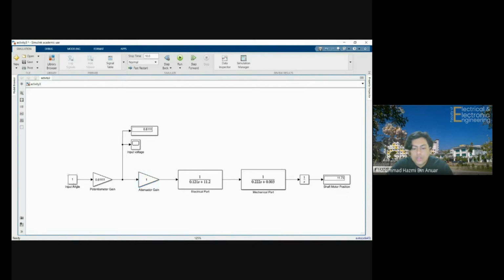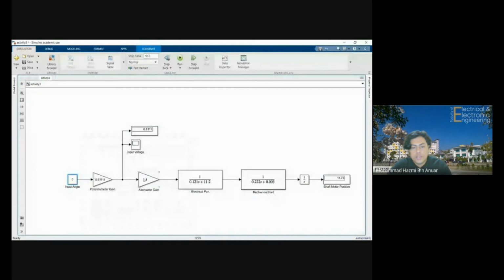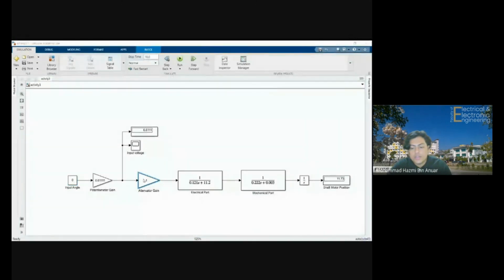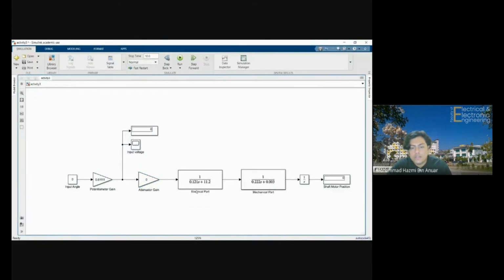So we set the angle from 0 and the attenuator gain 0 also. When I run, you can observe the circuit functions because the shaft motor position value is 0, and the input voltage is also 0.